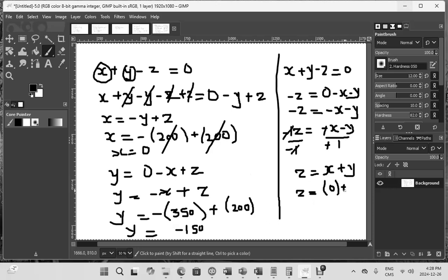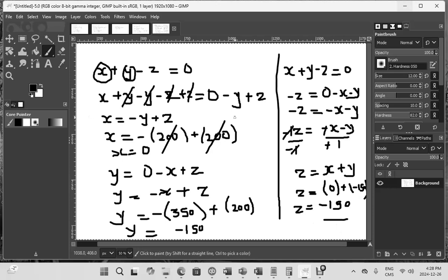So 0 plus negative 150. So this will be z equals negative 150.